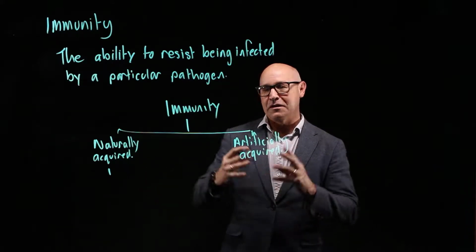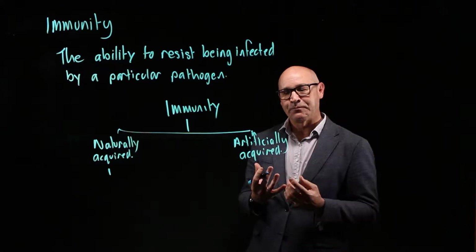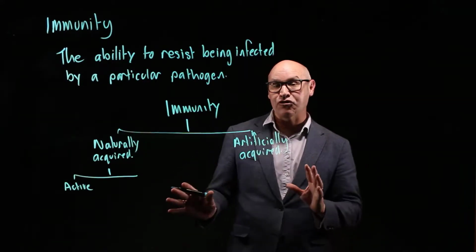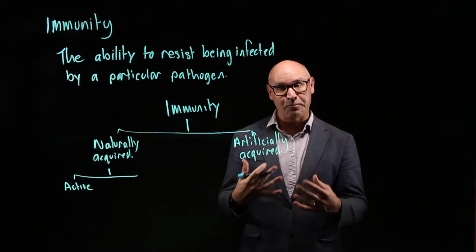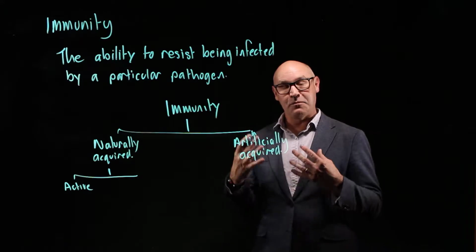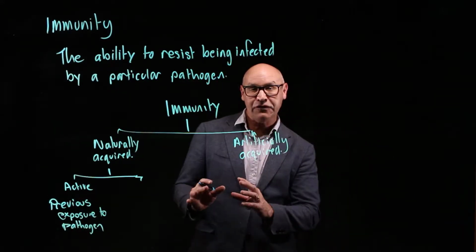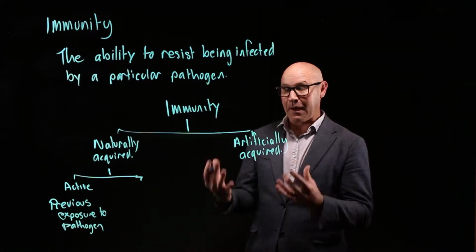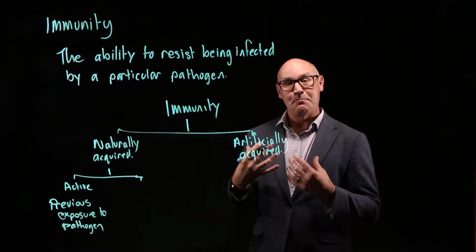Active means that the body has been actively involved in producing antibodies. So active naturally acquired immunity is when you've had previous natural exposure to the pathogen and your body has made antibodies. Whereas passive naturally acquired immunity is when a baby receives antibodies from the mother.